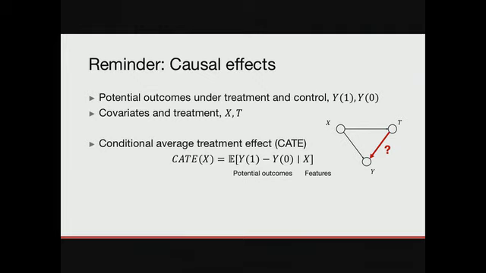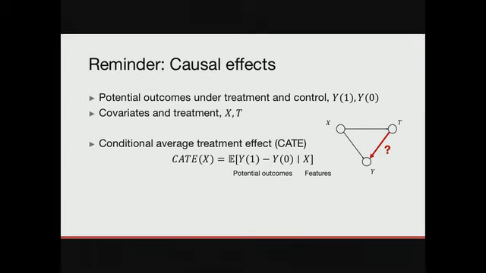We essentially introduced 4 quantities last time, or the last 2 lectures as far as I know. We had 2 potential outcomes, which represented the outcomes that we would see of some treatment choice under the 2 different choices, 1 and 0.